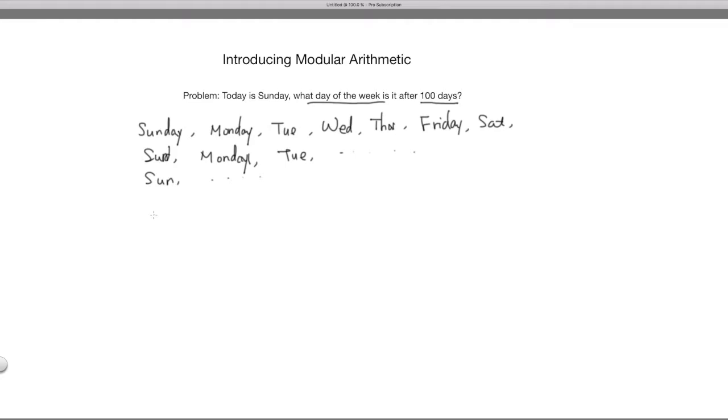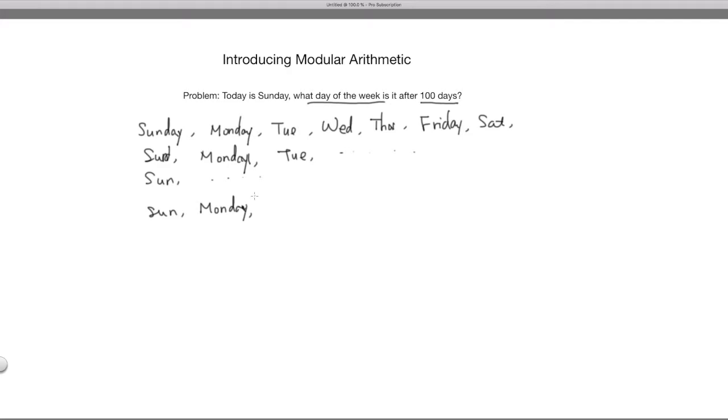If we know that, for example, after 35 days it's a Sunday, and 36 days it's a Monday, the whole problem reduces to finding the remainder of 100 divided by 7.